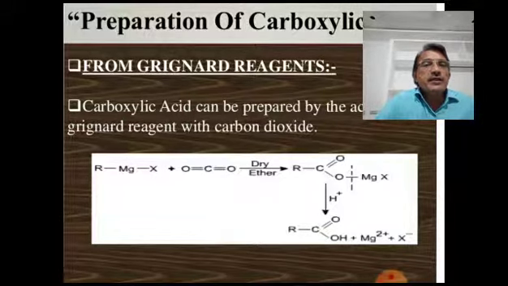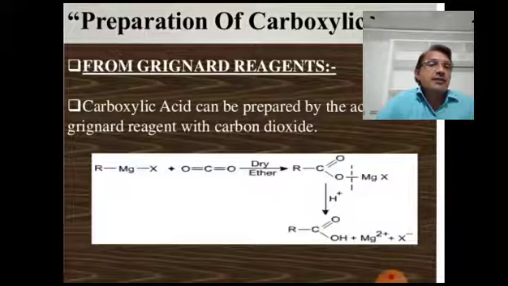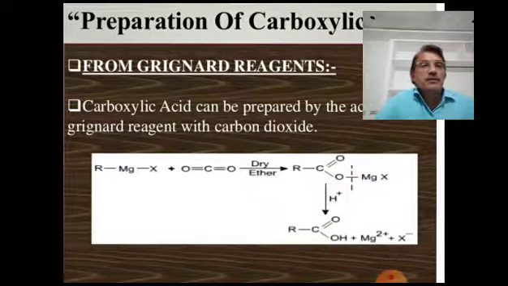This alkyl magnesium halide, when treated with O=C=O, that is carbon dioxide, in the presence of ether, gives an intermediate compound which on protonation gives a carboxylic acid, R-COOH.